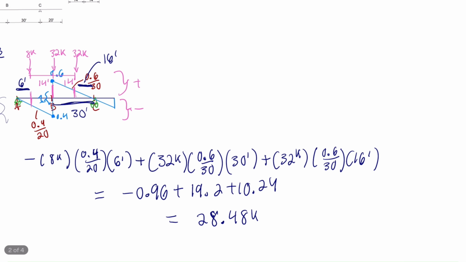So the maximum positive shear at B is equal to 28.48 kips, and this is the answer for part 1.